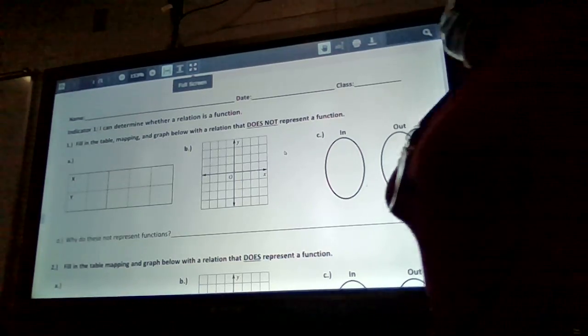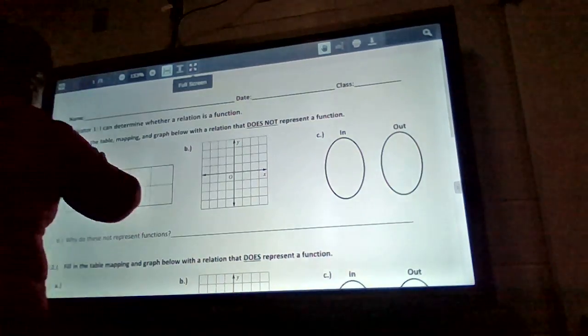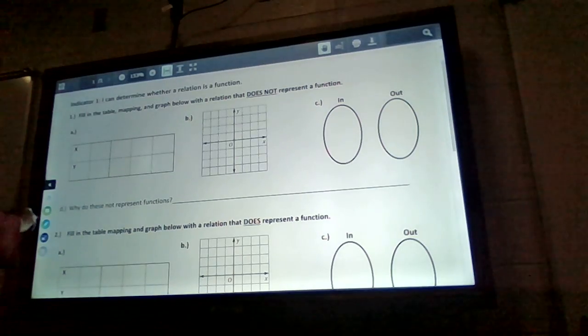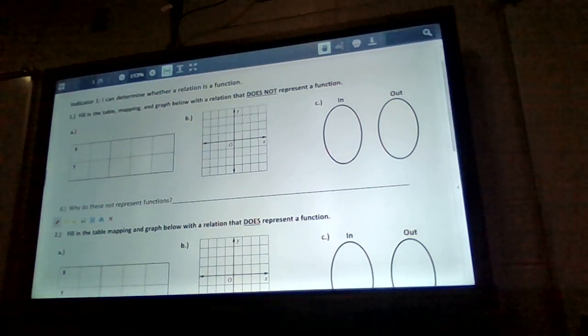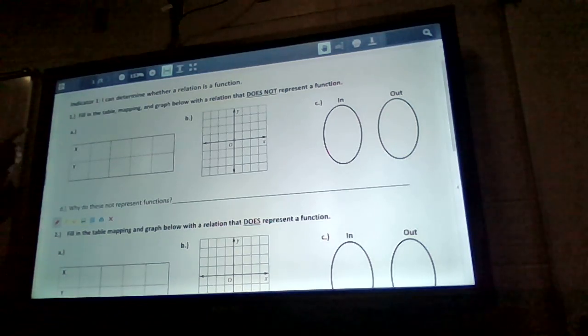So this first part says, fill in the table, the mapping diagram, and the graph with a relation that does not represent a function. If you recall, what does not represent a function? If something repeats in this table, then it's not a function.